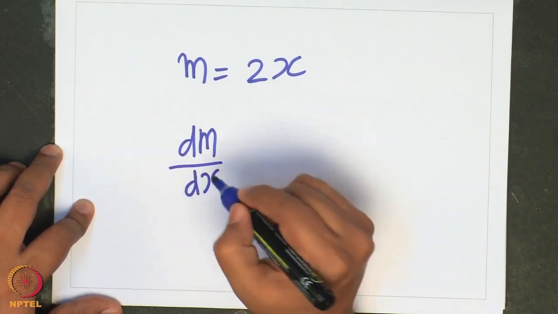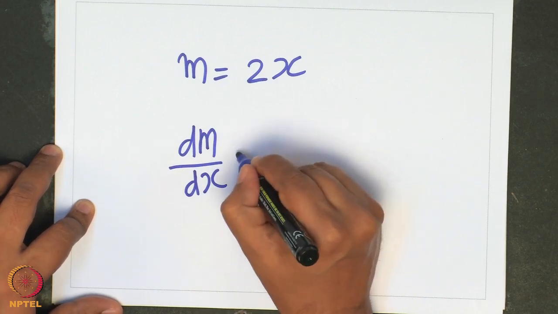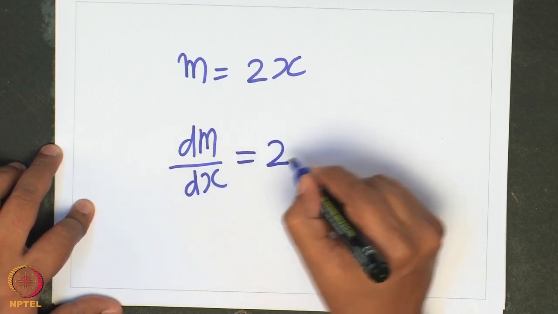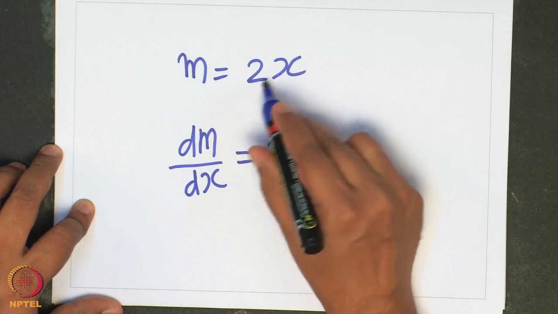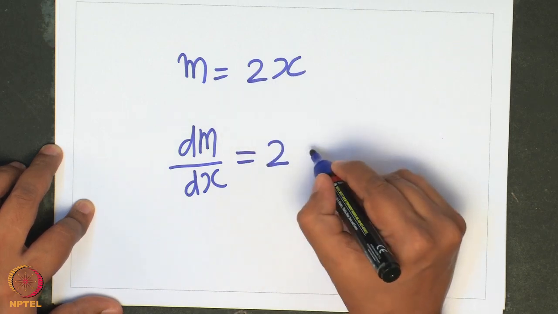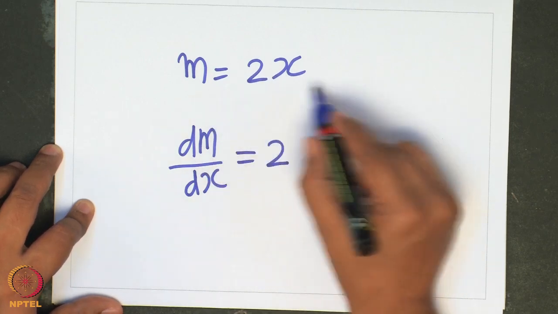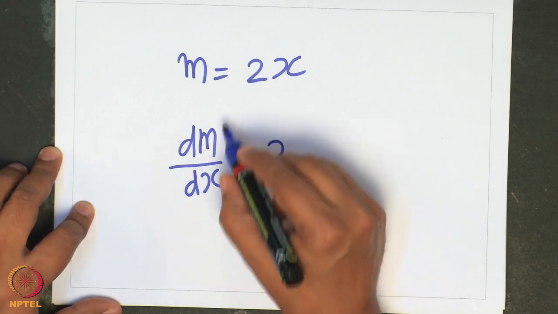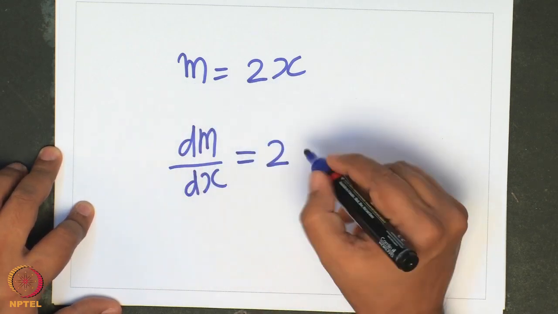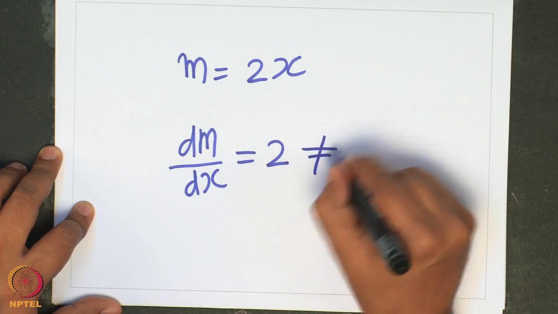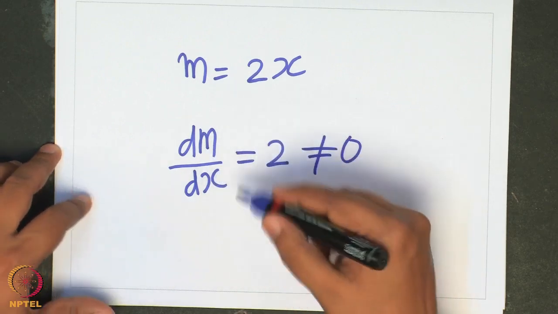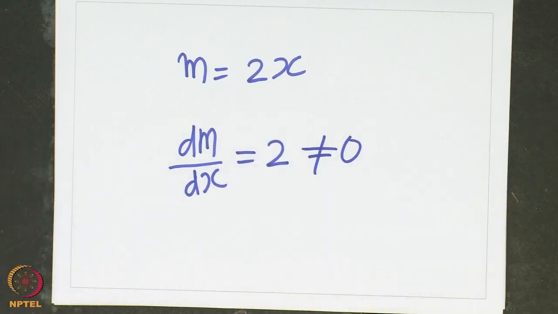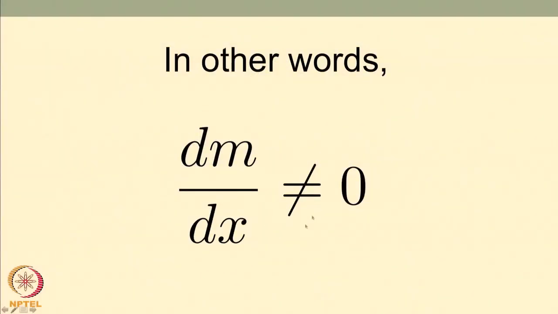How does the slope itself change? Here this turns out to be 2, since the derivative of 2x is 2. So m is equal to 2x, dm by dx is 2, which is not equal to 0. That means the slope of the slope, dm by dx, is not equal to 0.